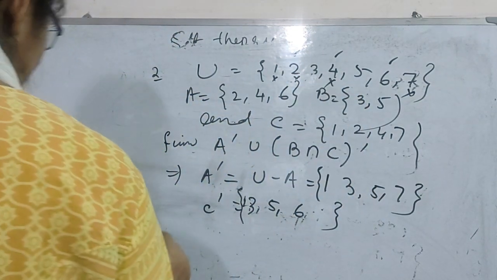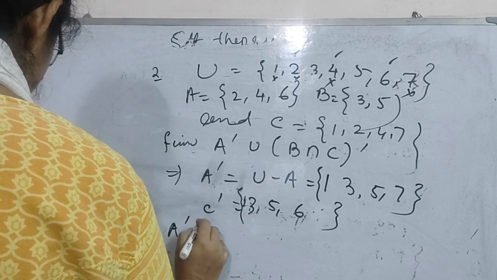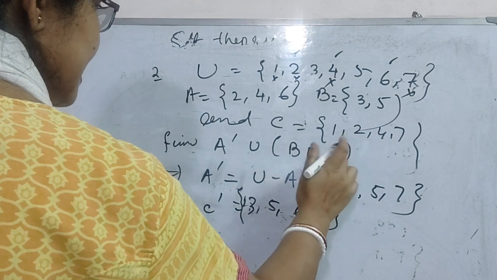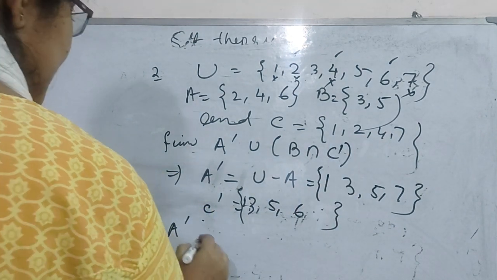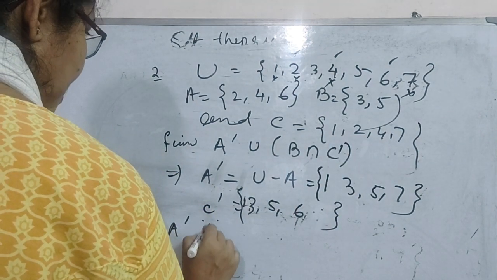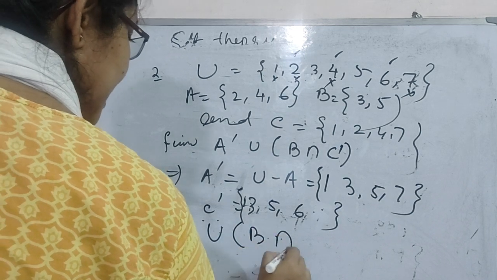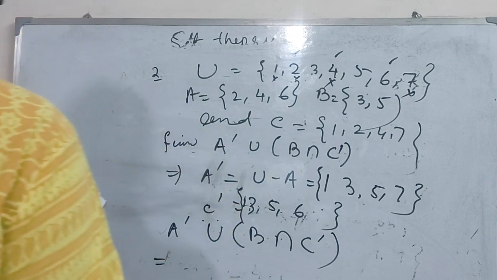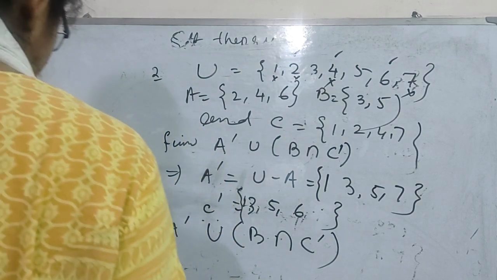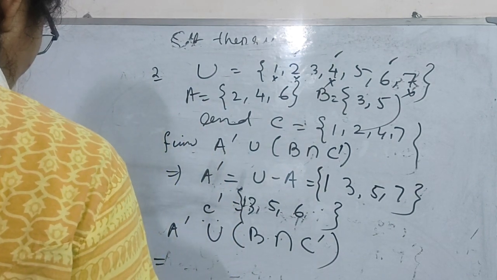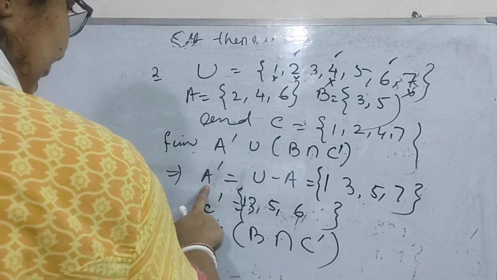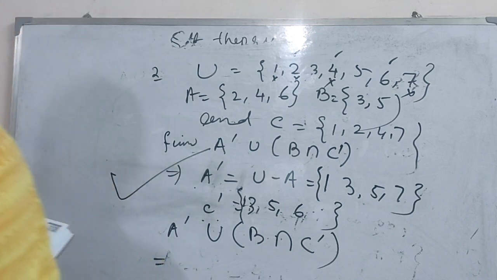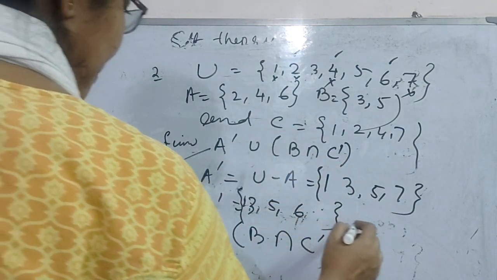Okay. Now A complement union (B intersection C complement) equals A complement, and B intersection C complement.